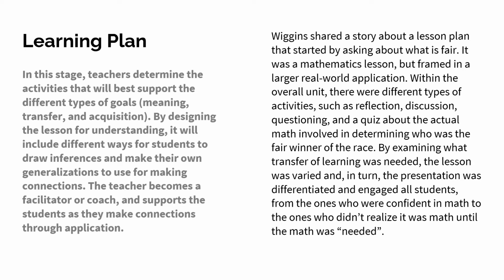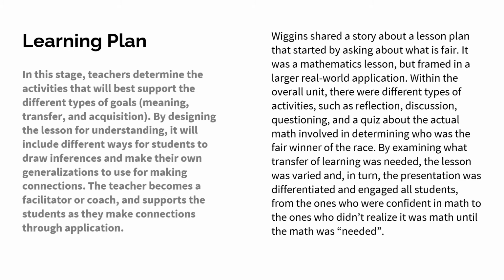Wiggins shared a story about a lesson plan that started by asking about what is fair. It was a mathematics lesson, but framed in a larger real-world application. Within the overall unit, there were different types of activities, such as reflection, discussion, questioning, and a quiz about the actual math involved in determining who was the fair winner of the race.